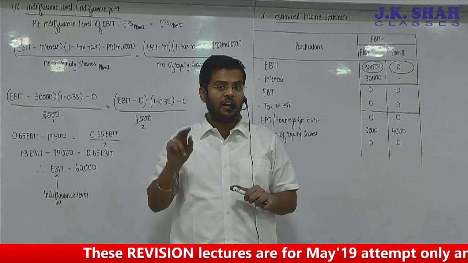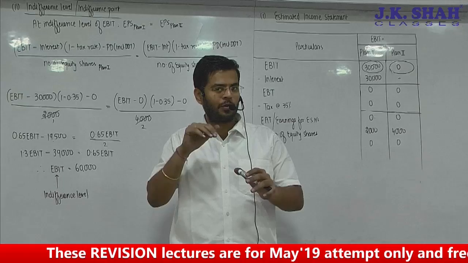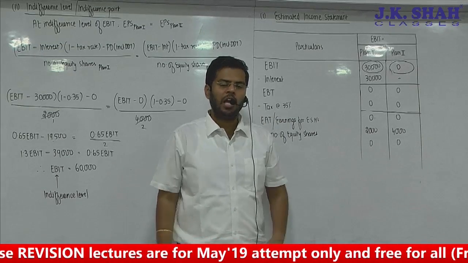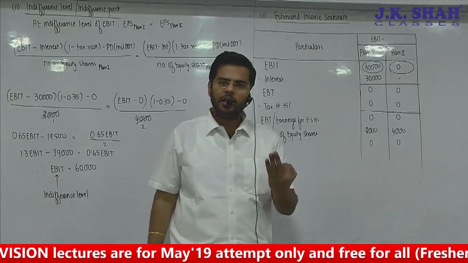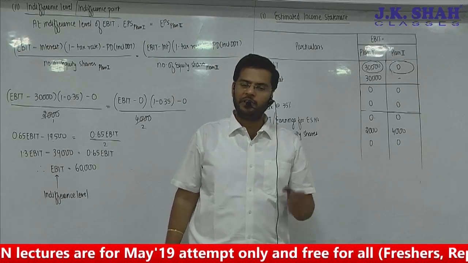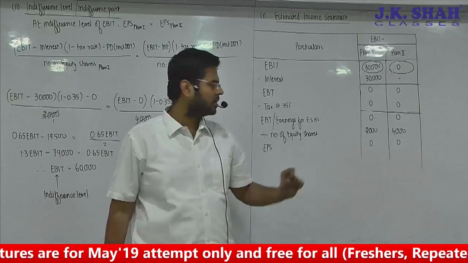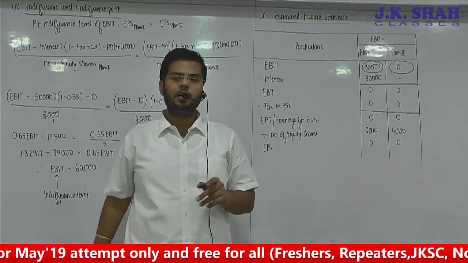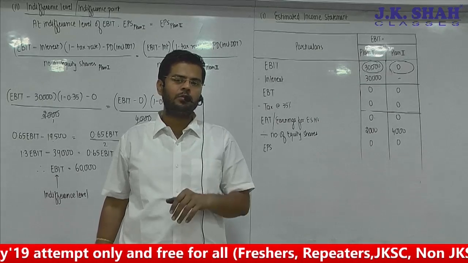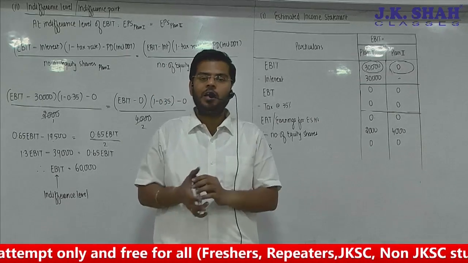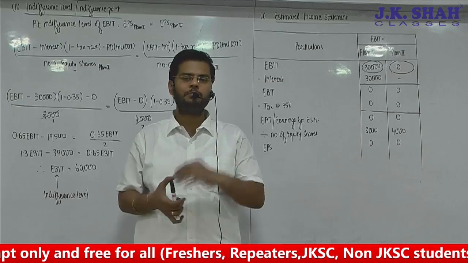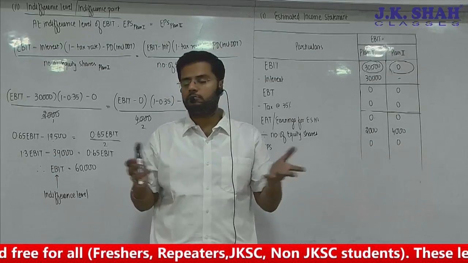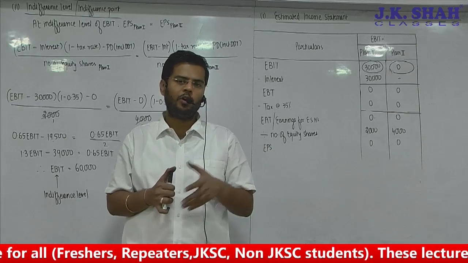And understand, if I now ask you a question this way, if we select plan 1, how much minimum should I earn? 30,000. Because if I earn less than 30,000, it will bring loss to my equity shareholders. I don't want that. In case of plan 2, what is the cutoff for us? How much minimum should I earn? 0. Because even if you earn 0 profit, your equity shareholders will be at no gain, no loss.